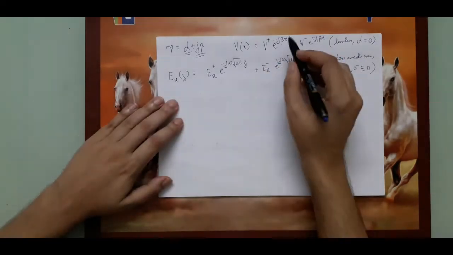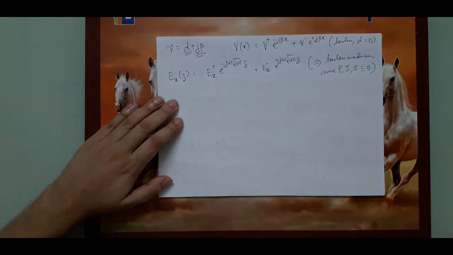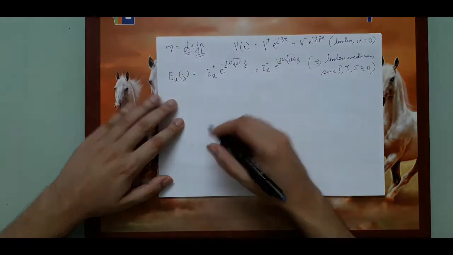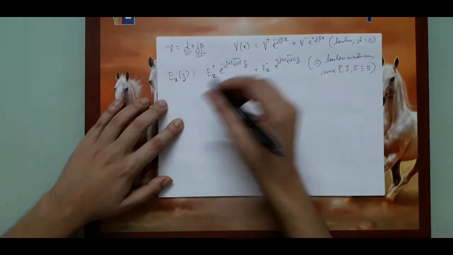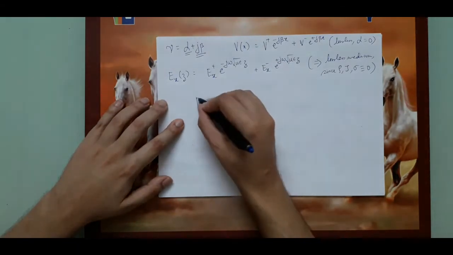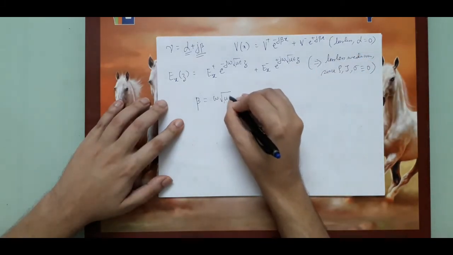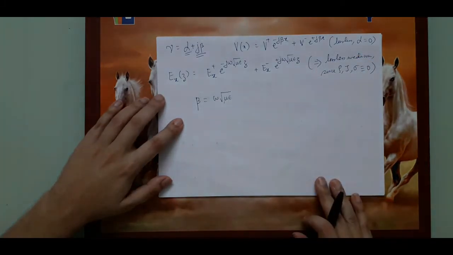So now if I try to correlate the exponential terms, I can say that the beta of a transmission line is in some sense equal to omega times under root mu epsilon.